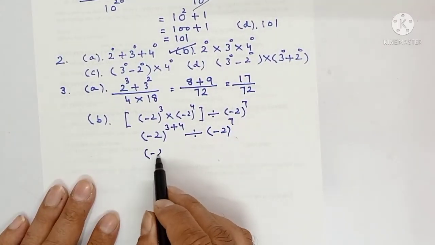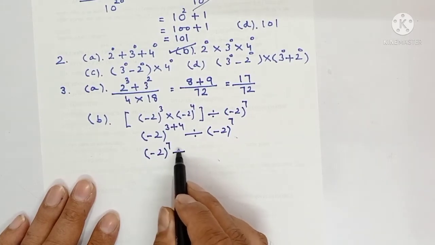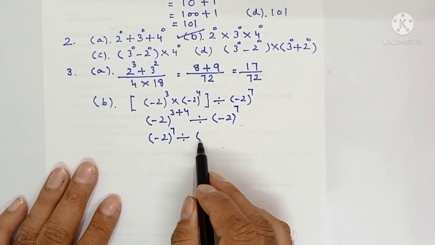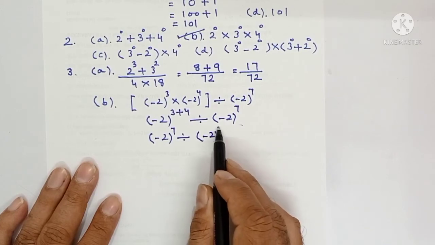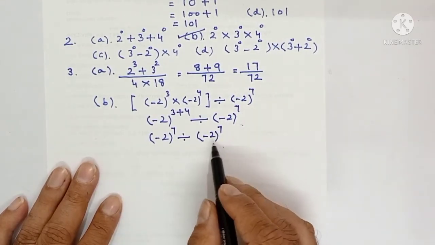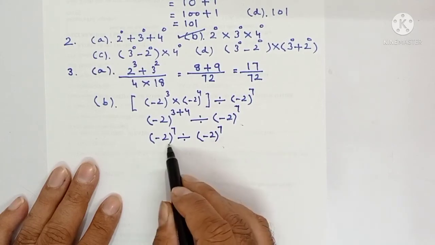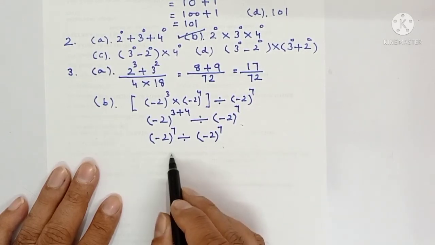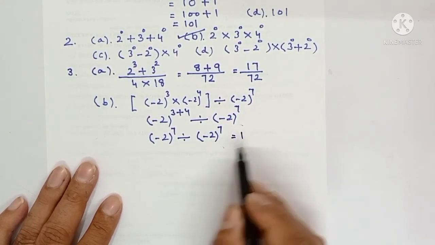This is (-2)^7 divided by (-2)^7. So he has asked which of the following is not equal to 1. So this will be equal to 1.